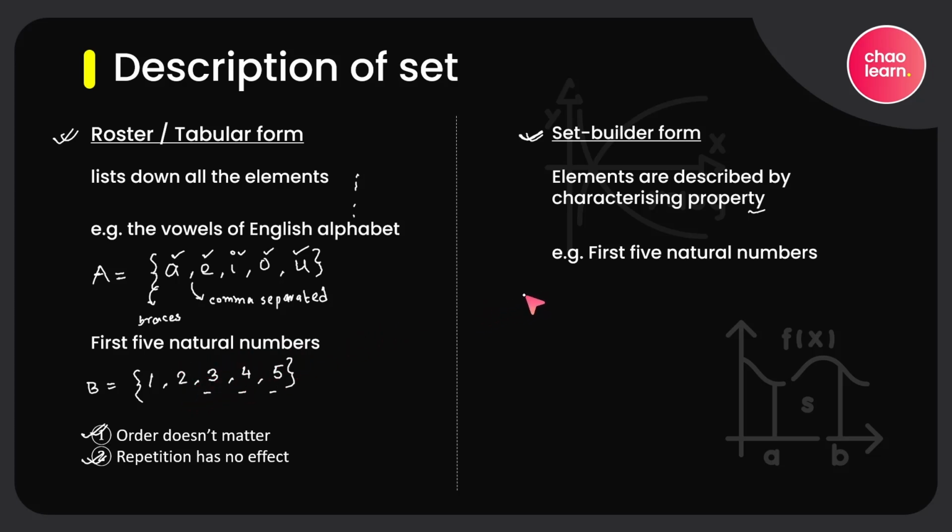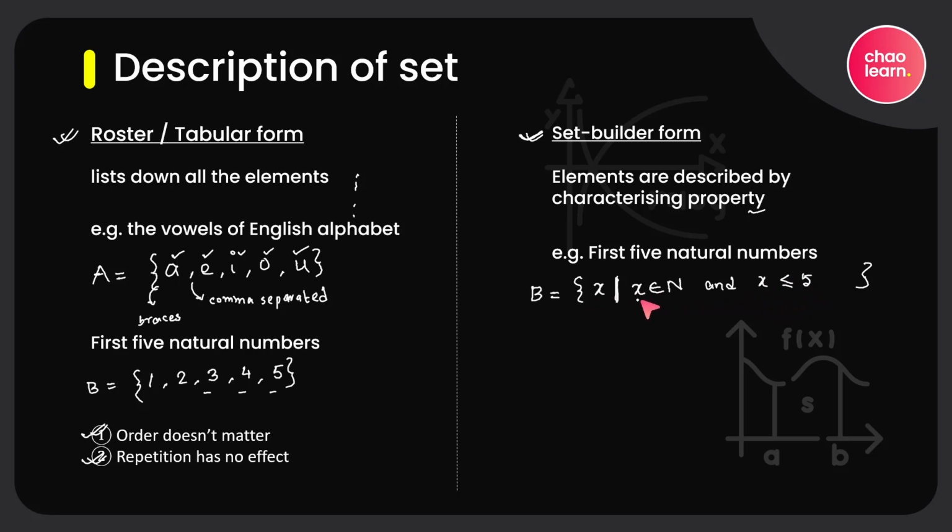But in this case, we are not going to write all the elements. Rather, we will write it as this. B is equal to, here also you have to enclose them within braces, {x : x belongs to N and x is less than or equal to 5}.